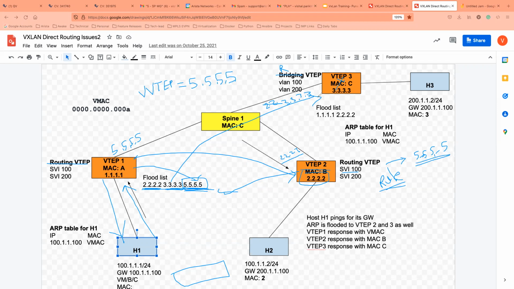Same for 333, it will not reply back. So now we are solving both of these problems: host flap, because the other VTEPs will not send that ARP reply, and unnecessary ARP replies across the network from all the VTEPs. We are eliminating that also by this rule.